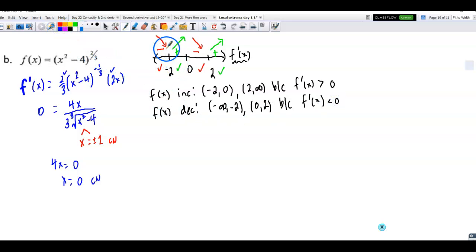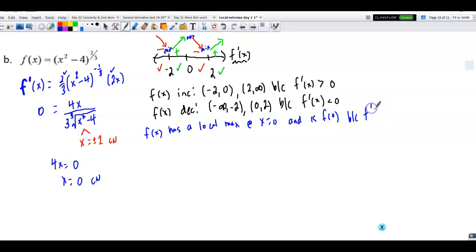All right, for my local extrema, I can see a local minimum here and a local maximum here and a local minimum here. So I have two local minimums. I would say f has a local max at x equals 0, and here's my y value, f of 0, of the original function, because the first derivative at 0 is 0.